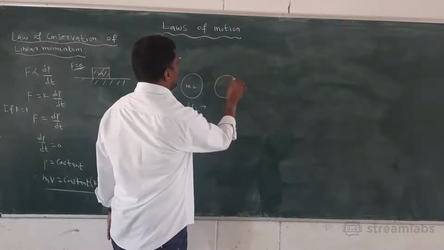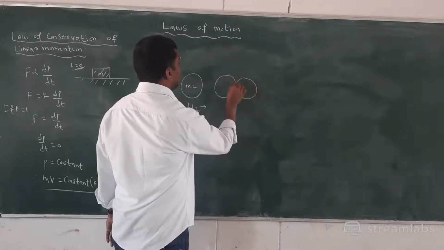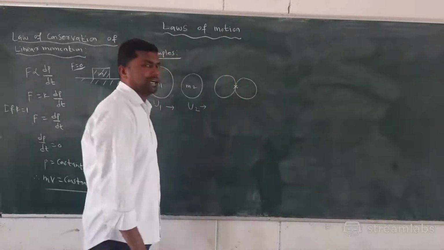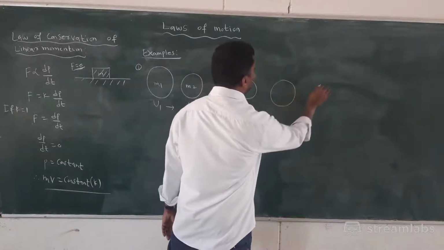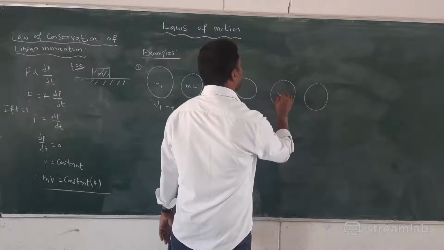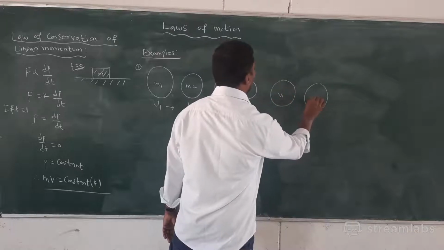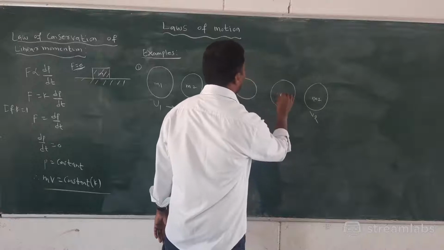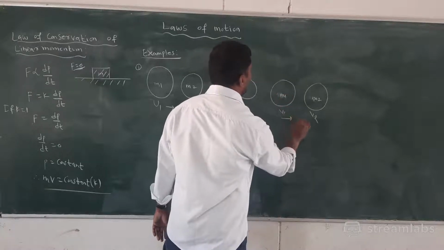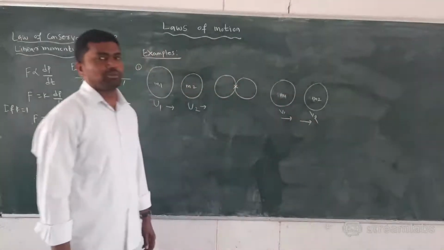During the collision they exchange some momentum. Then after the collision they separate and gain final velocities, represented by v1 and v2, and travel in linear motion.